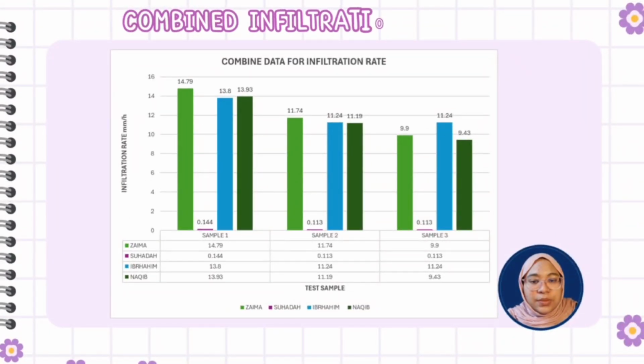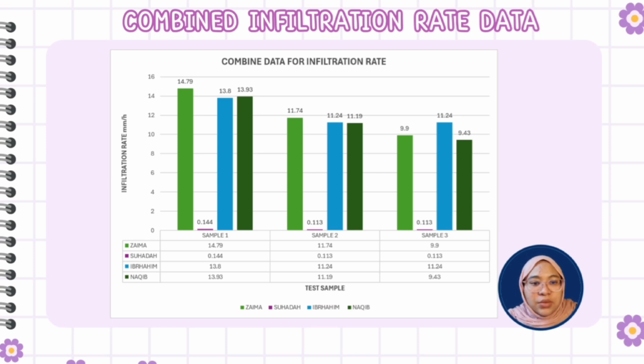Thank you. Assalamualaikum. Today I would like to present my part, which is the infiltration rate combined data. Based on this infiltration rate, we took 3 samples: sample 1, sample 2 and sample 3. For our group members, for sample 1, the Zaima value we get is 14.79, Suhada 0.144, Ibrahim 13.8 and Nakib 13.93.